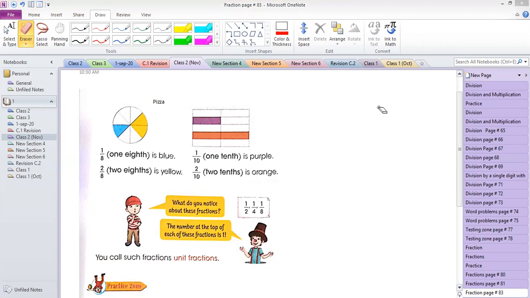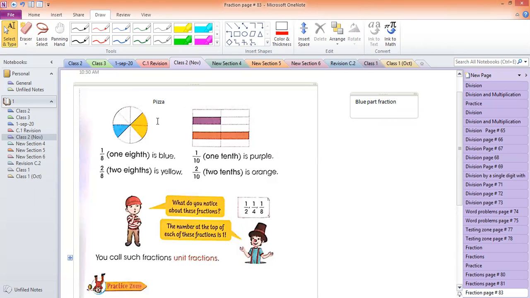So let's write for blue. I'm going to write a fraction for the blue part. So I should know the numerator first for the blue part.